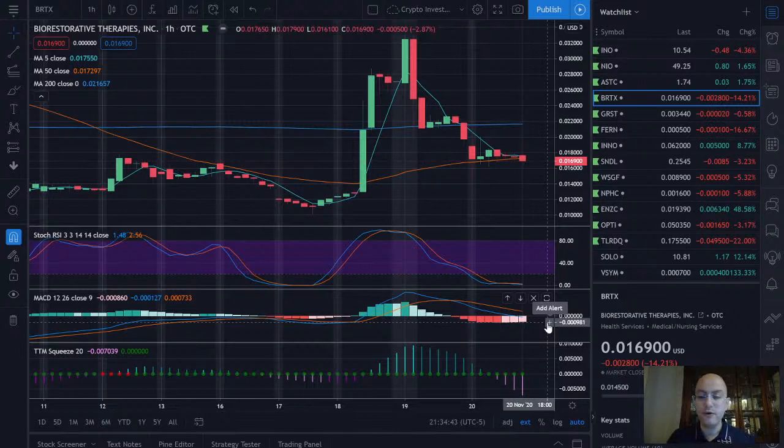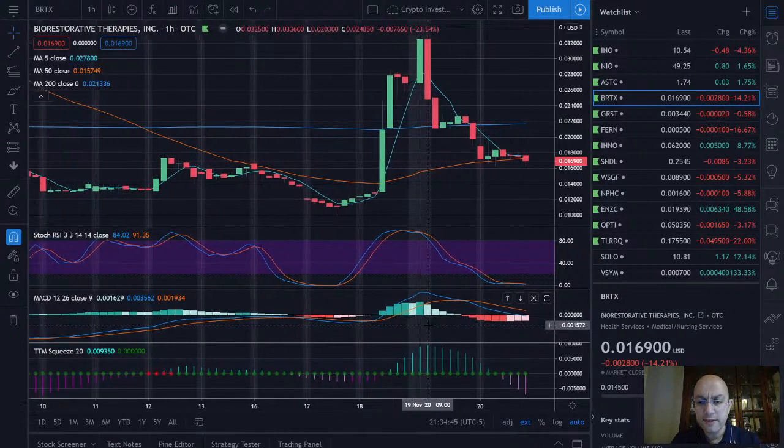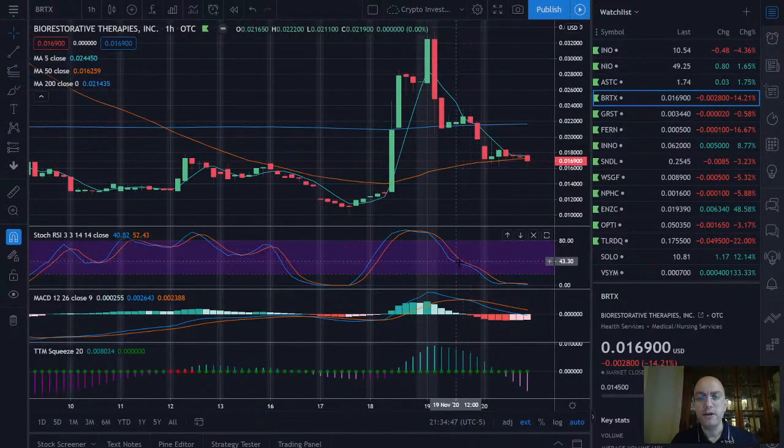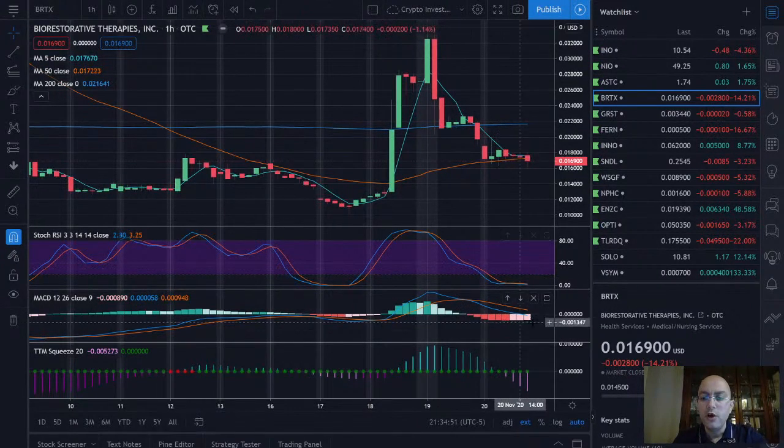Okay, we've covered that. So let's now look at a real example right here. We're looking at, again, the BRTX chart. We'll notice that this is the 20 mark line, and this is the 80 mark line. When the blue line goes under 20, we say it's oversold.